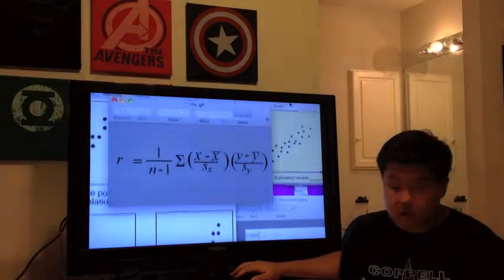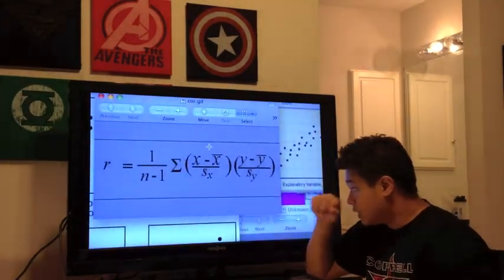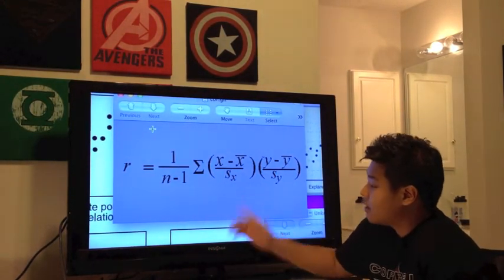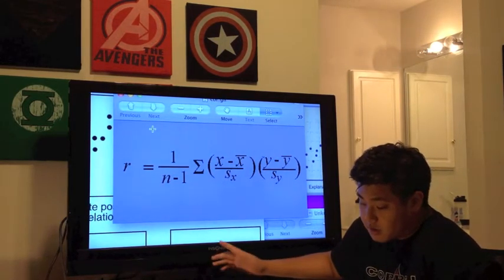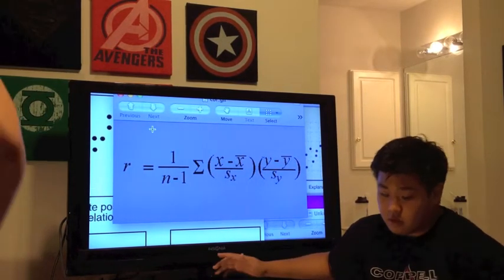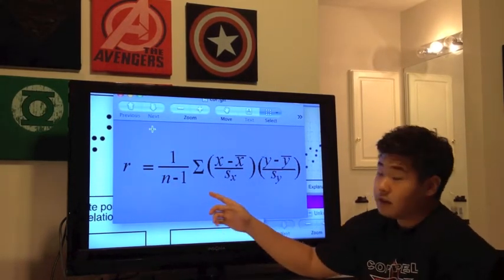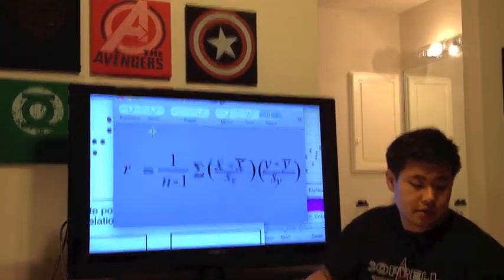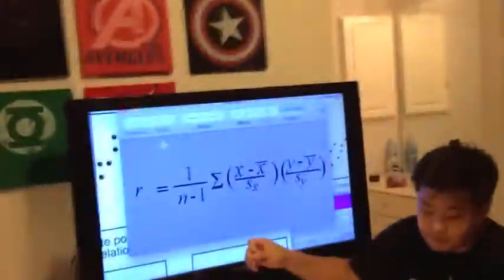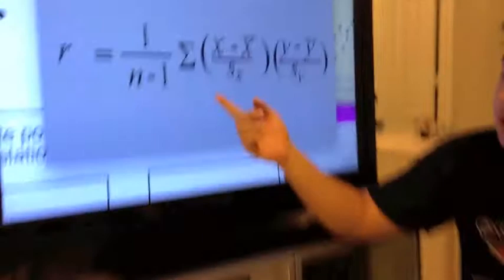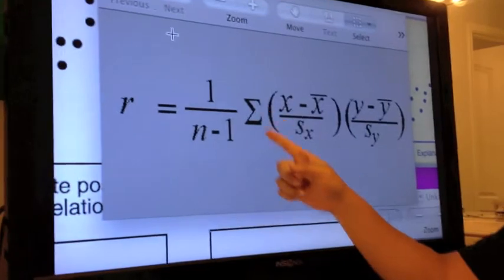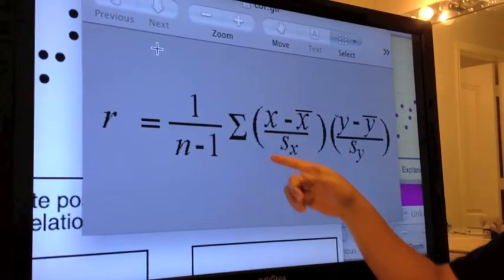Okay. So as we move to correlation, correlation has really one big formula, and this is it right here. You describe r as the correlation, and you have to make sure again that it's two quantitative variables. You begin with 1 divided by n-1, n being the number of individuals, and this right here is a sum symbol.